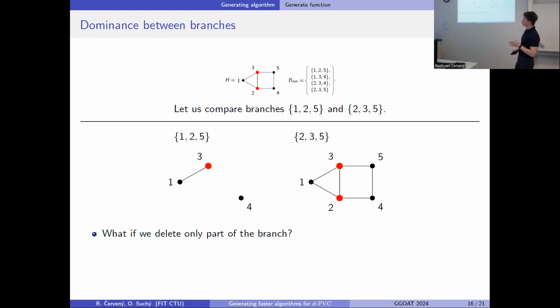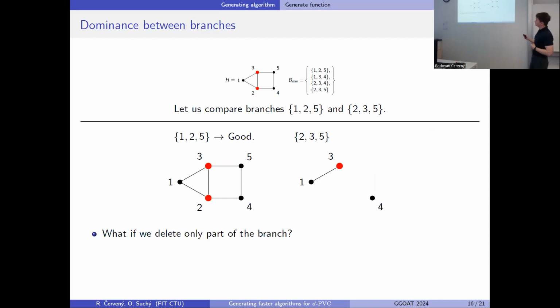Okay, looks good. So we continue by deleting the vertex 1, and this looks good. Nothing inefficient so far, nothing out of the ordinary. Now let's do the same with the second branch. We again delete these vertices 2 and 5, and then the branch tells me to delete vertex 3.